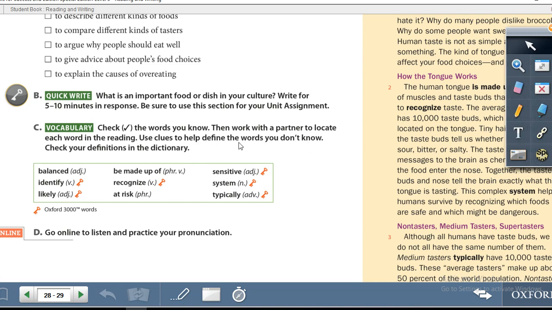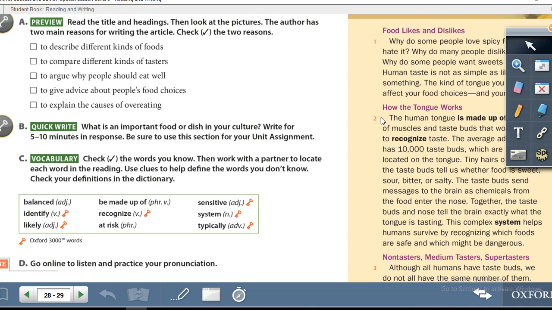So you can take the word typically and you can make your own sentence, right? So when you are finished, you are going to check your definition in the dictionary, right? This helps you also with solving problems. It's also going to help you to maybe understand a word better.